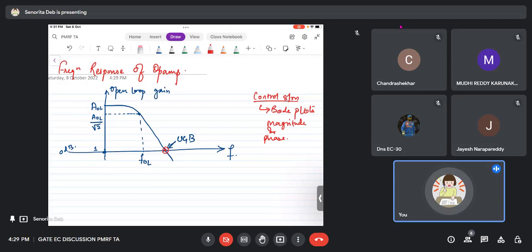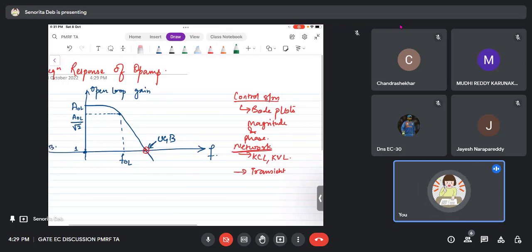And also, as I always say, KCL, KVL and transient analysis. This comes in network, right? These topics you should first do if you want to appear for GATE. These are the topics that you should first complete: time domain analysis and control systems, network.